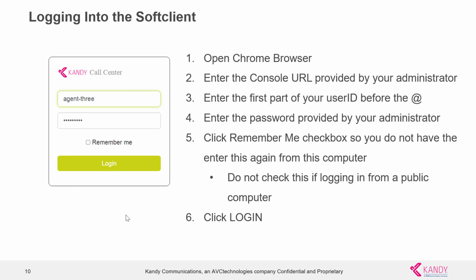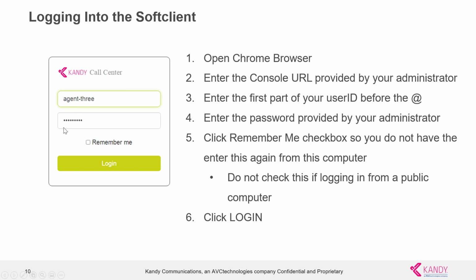You will be provided with an address, a URL that you would paste into the address window, and you would want to bookmark that as well. When you do, you may have a number or you may have an agent ID or a user ID that is alphanumeric, as you see here.